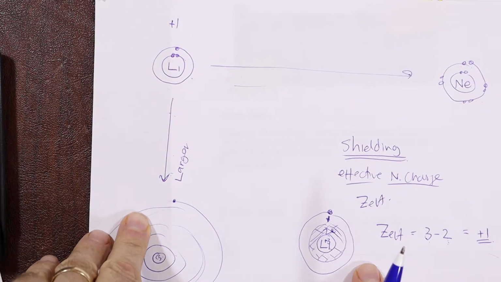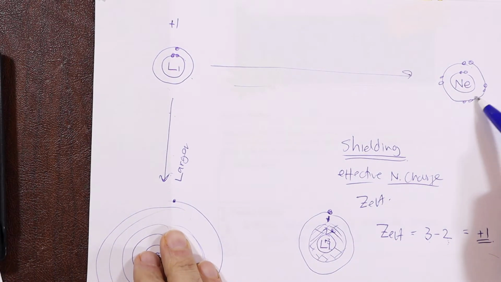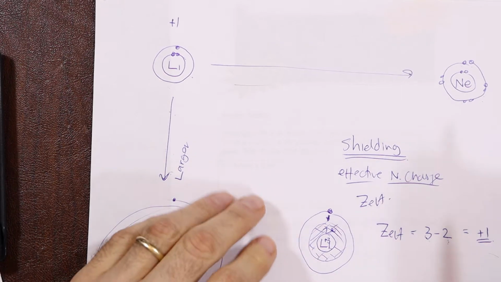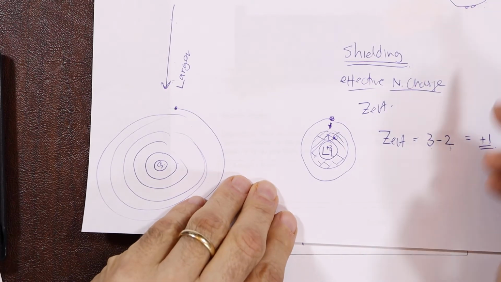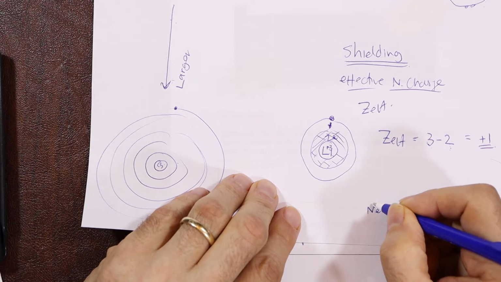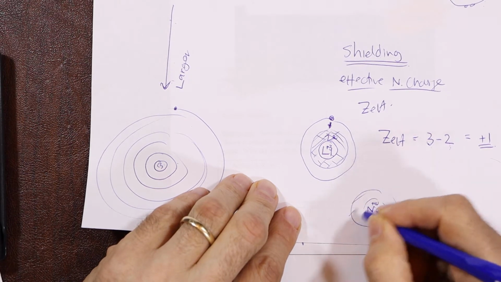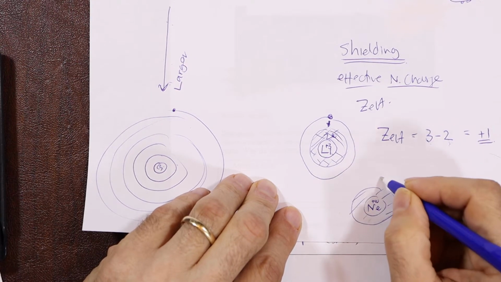All the way across, right? So if neon's in column 8, what's its effective nuclear charge? If you said 8, you'd be right. Let's work it out. So let's do that little map again, right? So I'll take my neon. Neon is element number 10. It's got a +10 nucleus. Then it has 2 in the way, right?